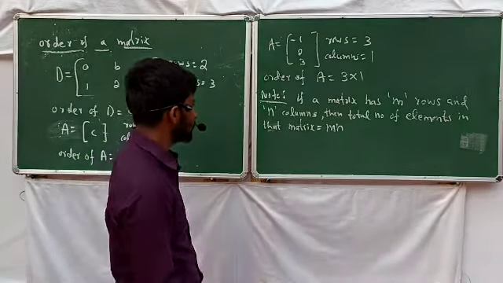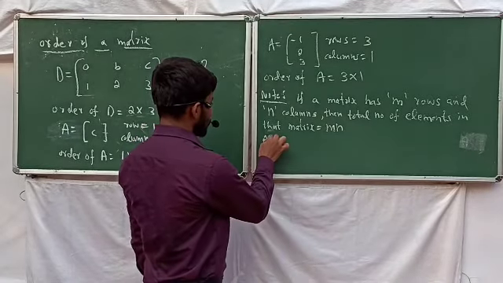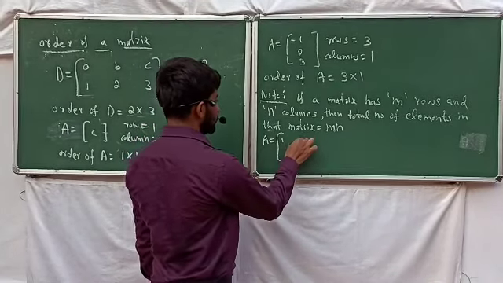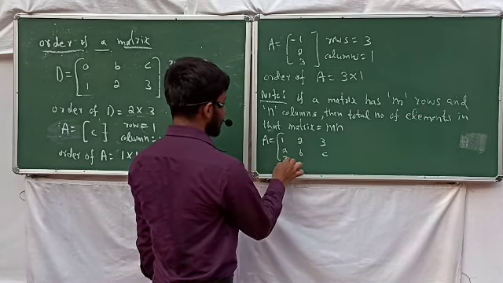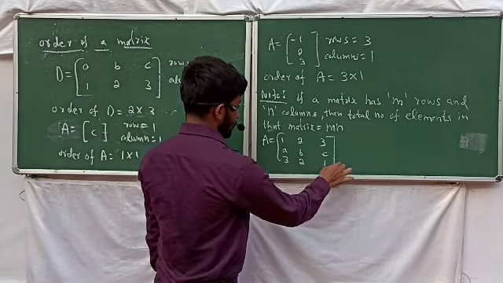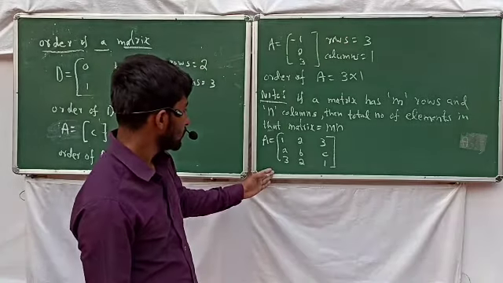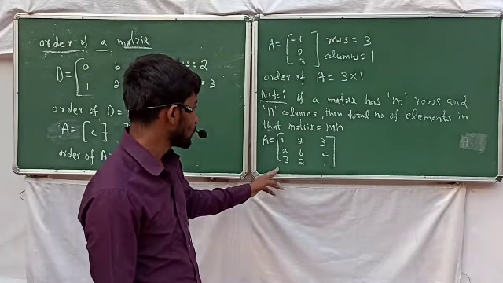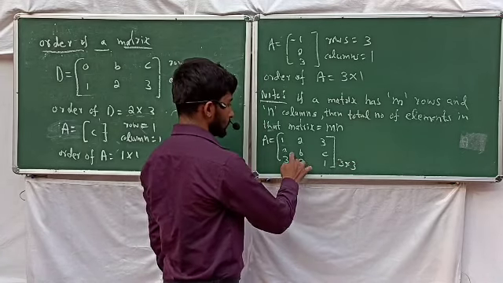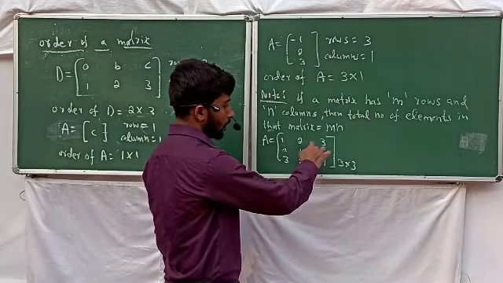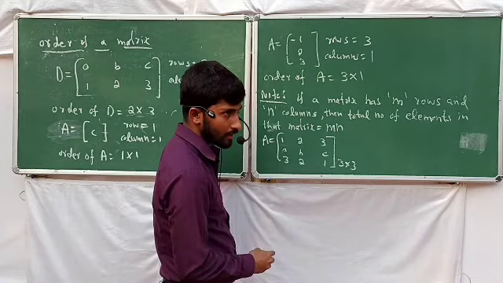Okay. For example, A is equal to 1, 2, 3, a, b, c, 3, 2, 1. Just see, the order of this matrix we can say is 3 by 3, because 3 rows and 3 columns. Order is equal to 3 by 3.